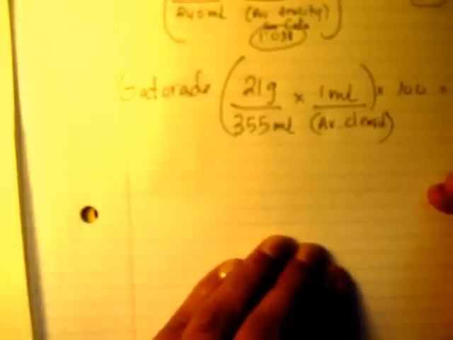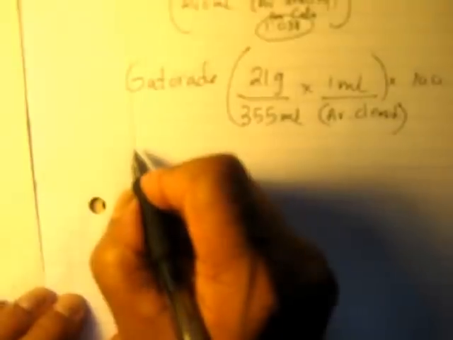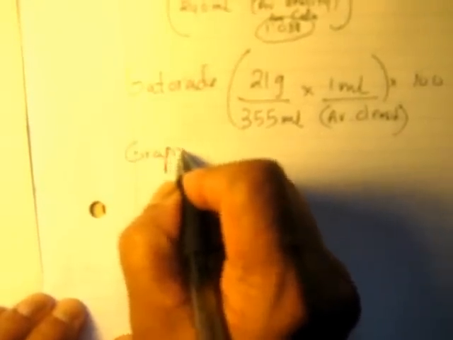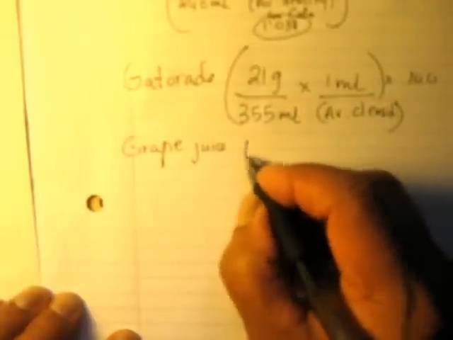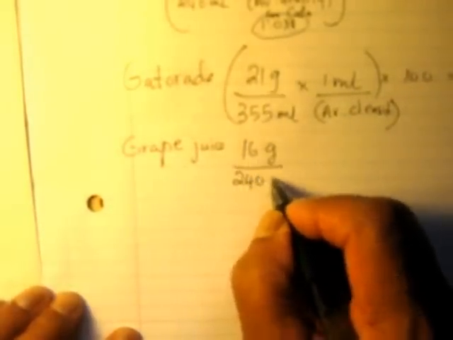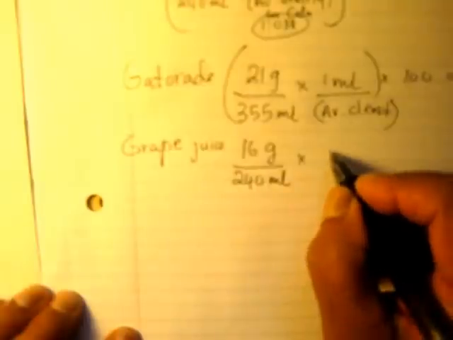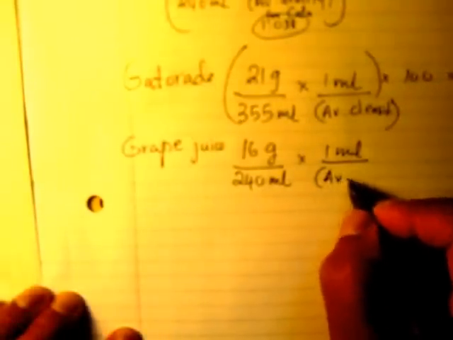That will give you the accepted percent sugar content for your Gatorade. And for the grape juice, the label information is 16 grams over 240 milliliters, times 1 milliliter over the average density of your grape juice.